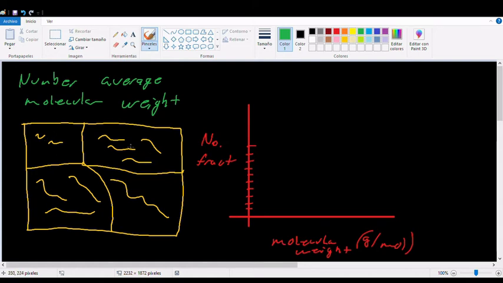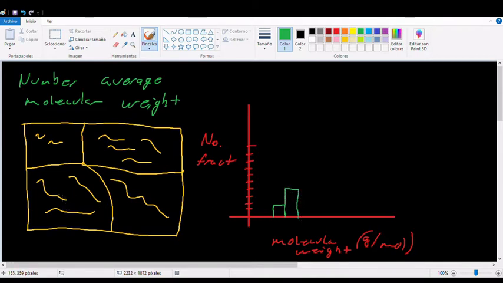So we have 10 molecules, right? These ones that are the shortest are also the ones with less molecular weight, and there are 2 of 10, so it's 20%, right? Then we have these ones that are longer, and there's the 40%, like this.